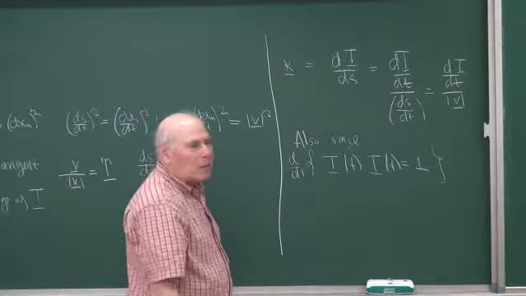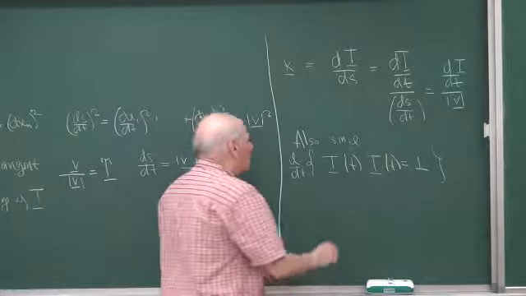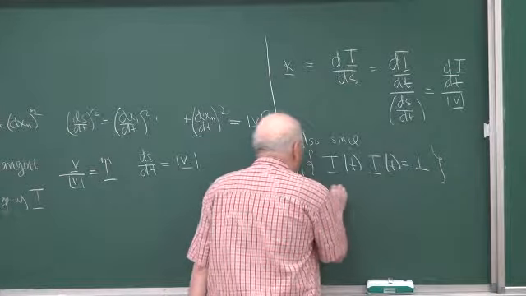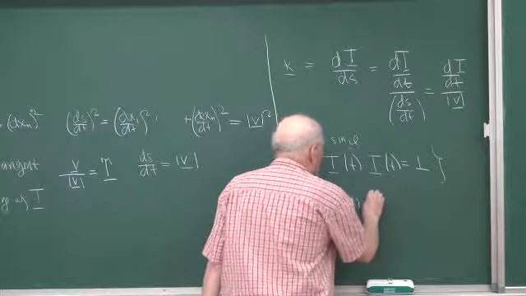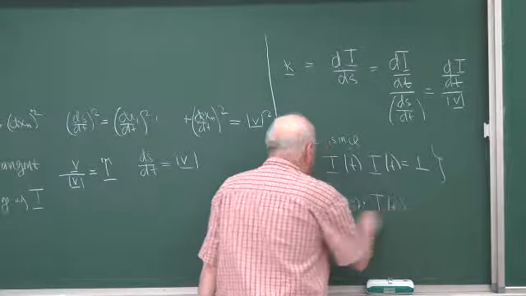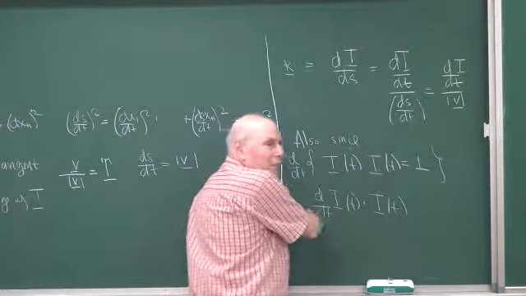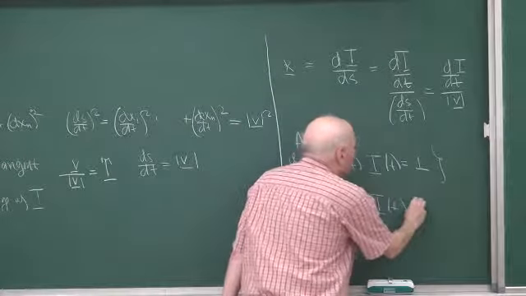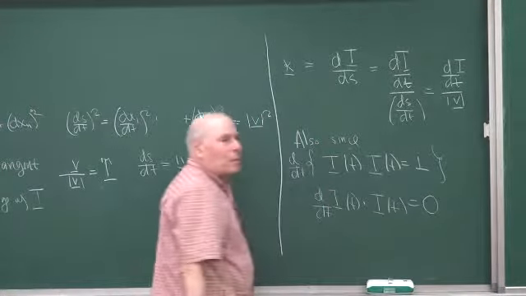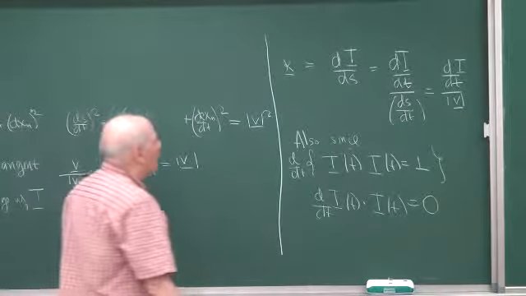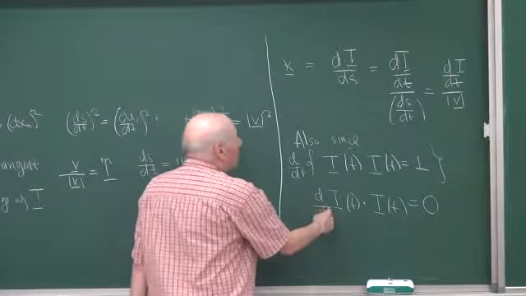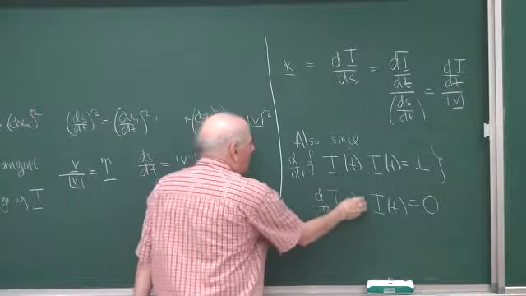But since it's a scalar, it's exactly the same. So this just says that dT/dt dotted with T of t is actually twice, but who cares? Because the right-hand side is 0. So divide through by 2. But this is just the kappa times v, right?